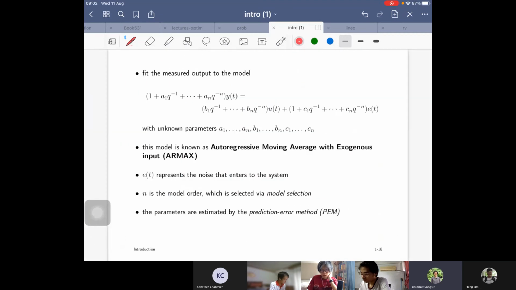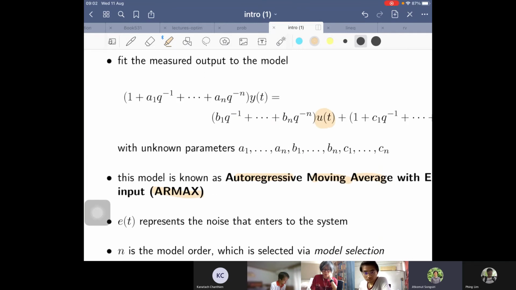Then in this example, we come up with a model called autoregressive moving average with exogenous input, or ARMAX. You model that your Y depends on U and on the noise. The operator q^-1 here is a lag operator.